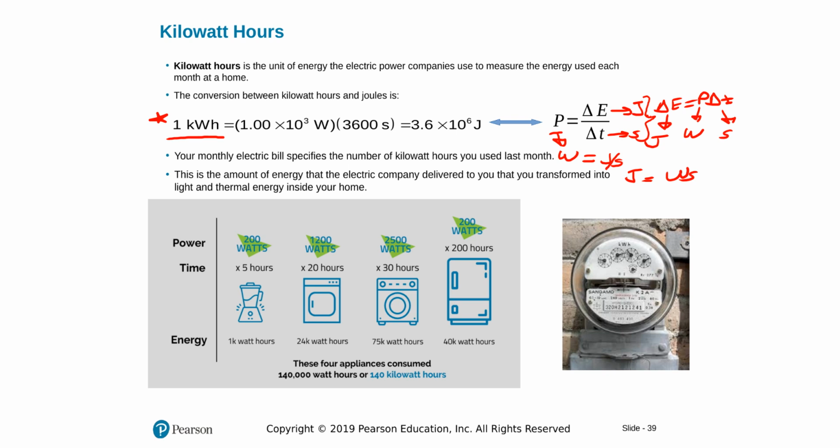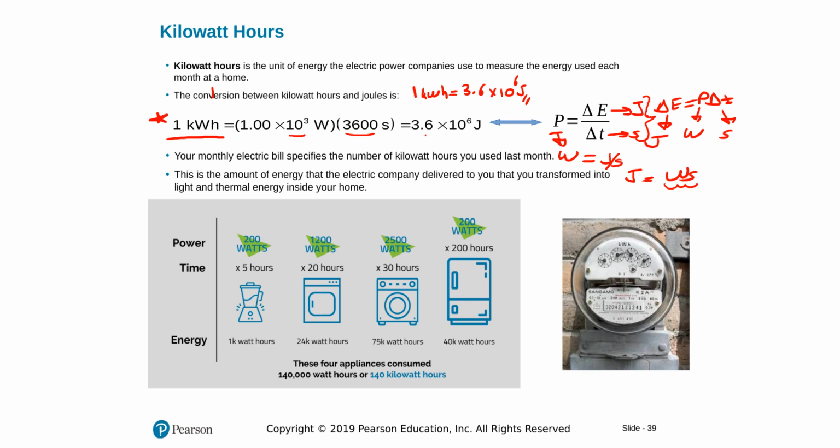So kilowatt hour is a different unit of energy. To convert this to joules, we simply convert kilowatt to watt times 1000, and hours to seconds times 3600, and we will have joules. So we can directly convert from kilowatt hour to joules by using 1 kilowatt hour is equal to 3.6 times 10 to the 6 joules. We can use that to convert.